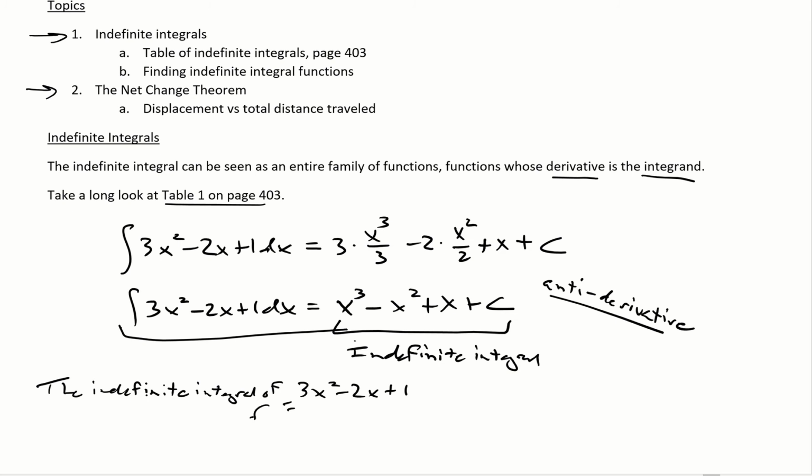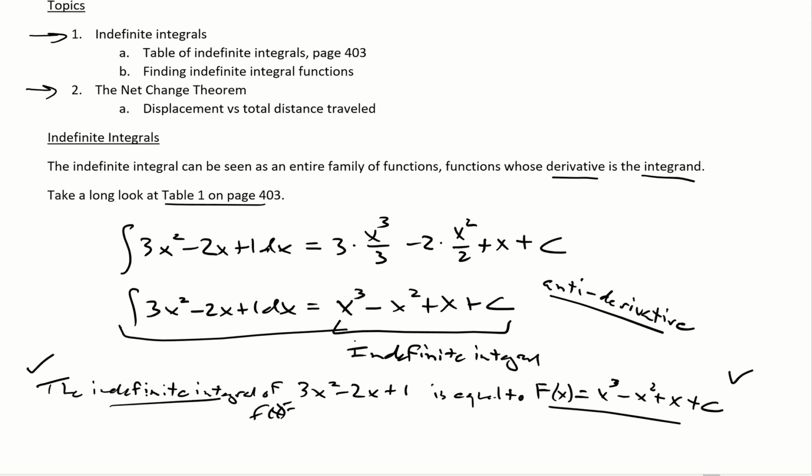I can say that's like f of x, right? Is equal to, and I'll call him a name, capital F of x is x cubed minus x squared plus x plus c. So that's a language, a math language. The indefinite integral is this guy. But last chapter we called it the antiderivative.